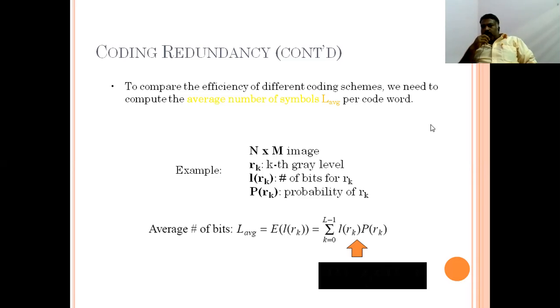The entropy of the image. So the number of bits for Rk, the probability, the redundancy probability, has to be used to perform the comparison of different coding schemes.